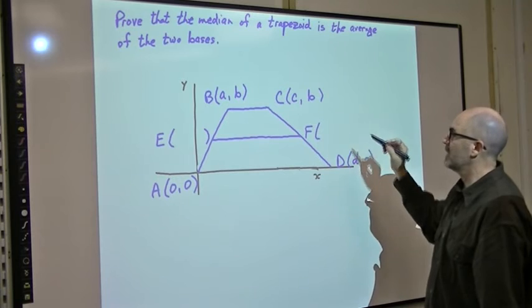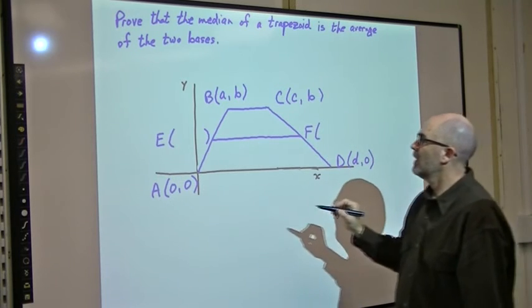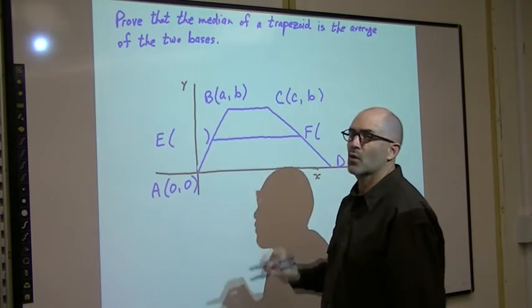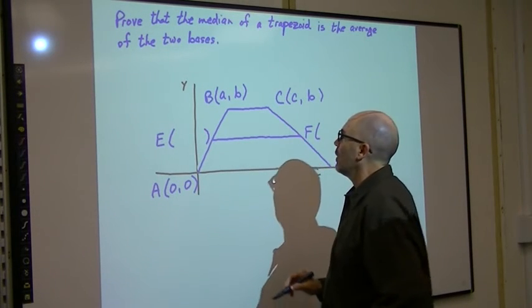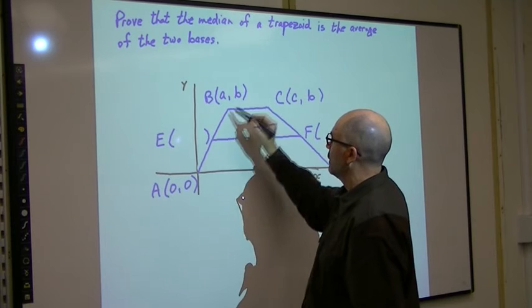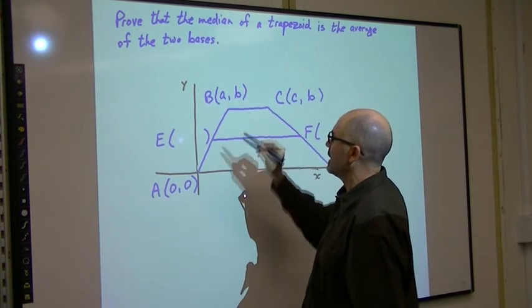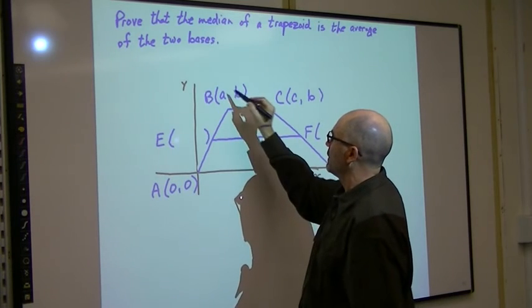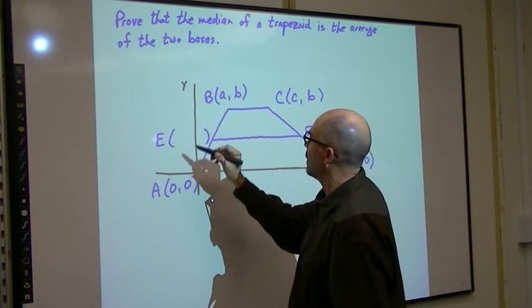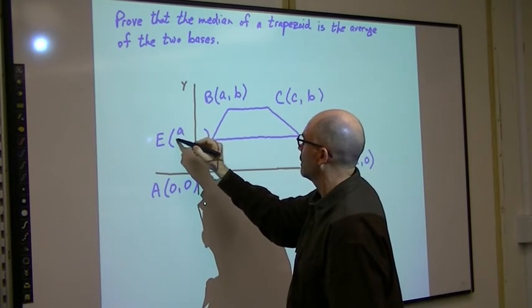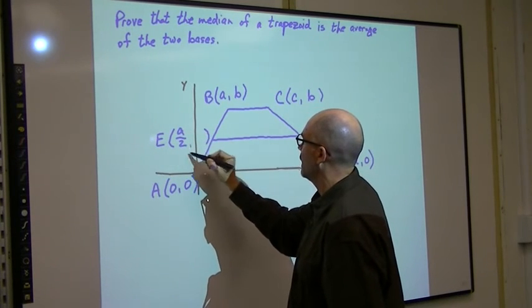since EF is the median, then E is the midpoint of AB. So what are the coordinates of E going to be? Well, it has to be the midpoint, so that means it's got to be the average of AB and 0, 0. So the average of A and 0 is A plus 0 divided by 2, or A over 2.